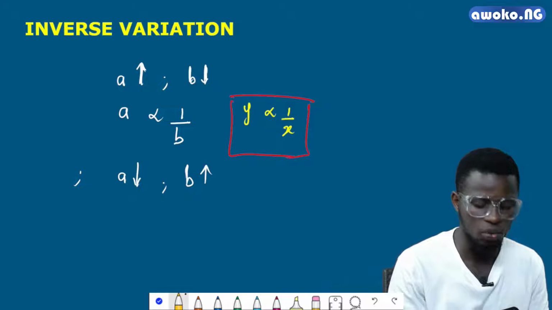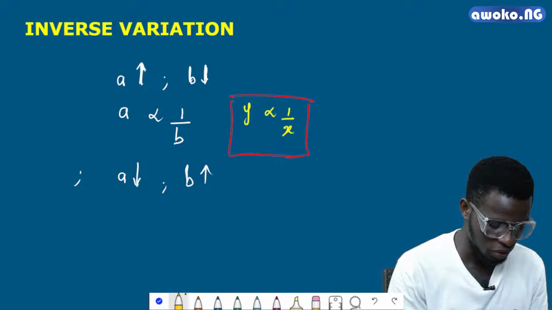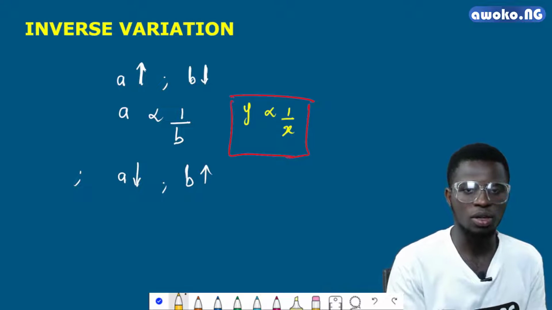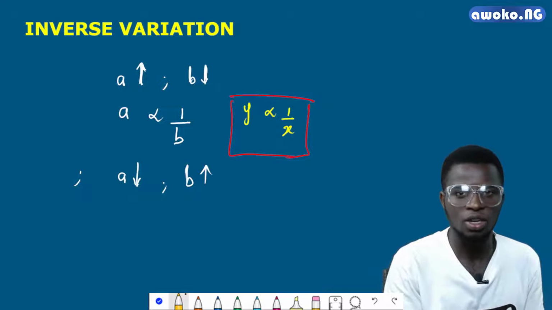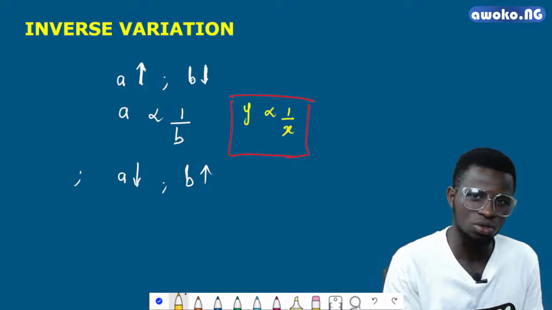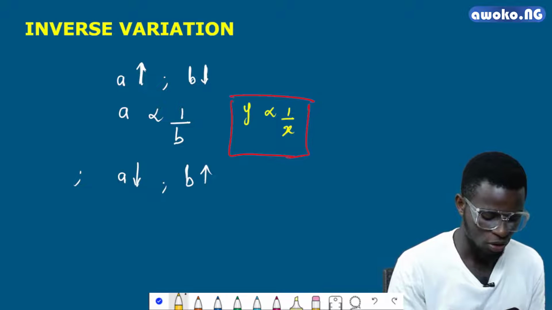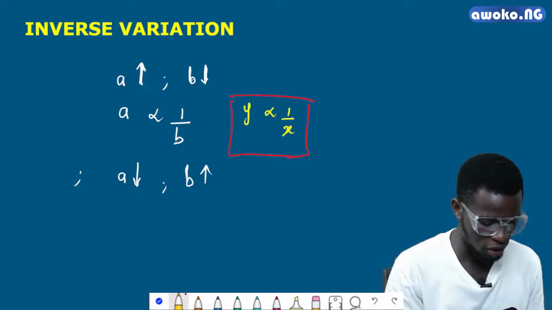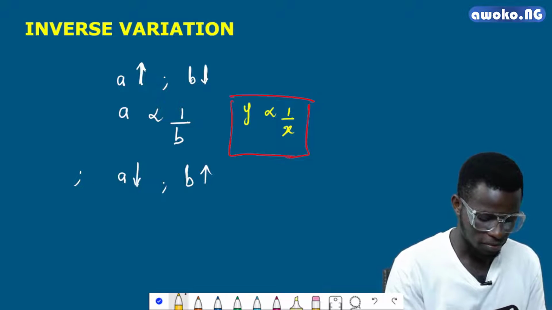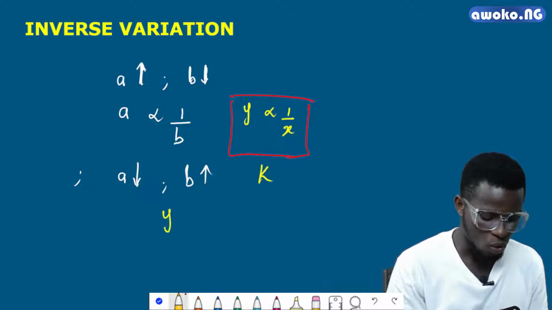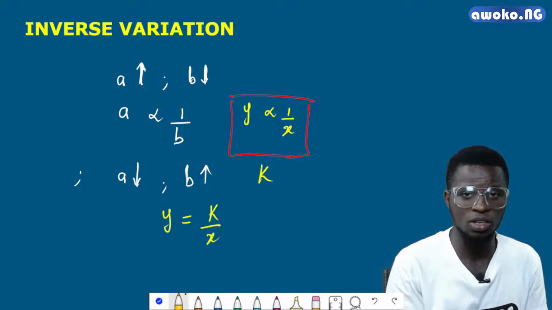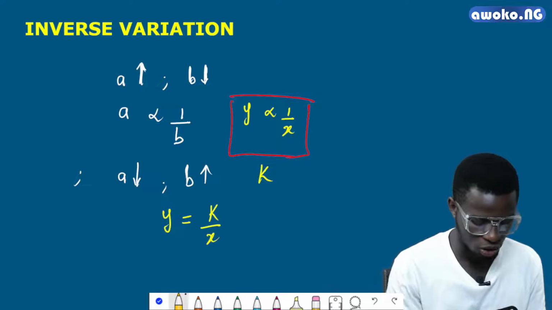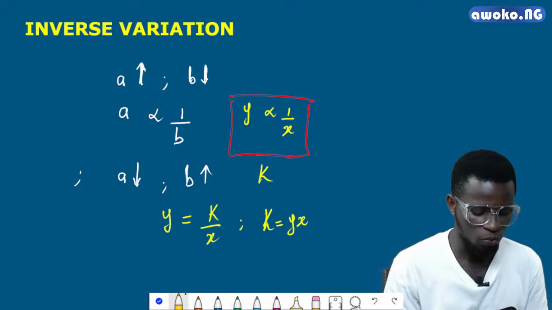Okay, and just like we did in direct variation, we would have to introduce the equality sign so that we can find the values of X and Y. And to introduce the equality sign also means that we are going to introduce the proportionality constant, which we often call K. So Y will be equal to K over X. If we cross multiply so as to obtain a linear equation, we have K equals YX.